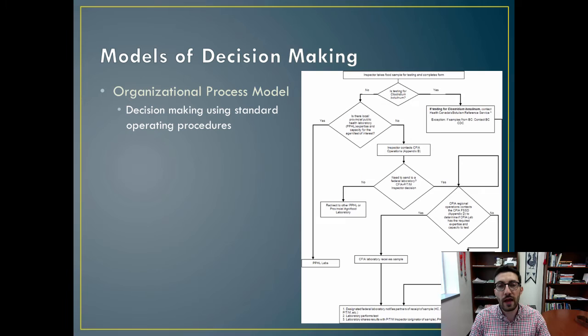An alternative to that is what's known as the organizational process model. And here, again, we're reviewing the constraints under which decision makers are going to be making their decisions. Basically in this kind of a situation, you have standard operating procedures that are applied to the context of foreign policy decision making.